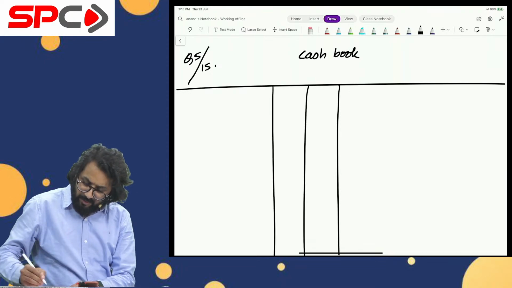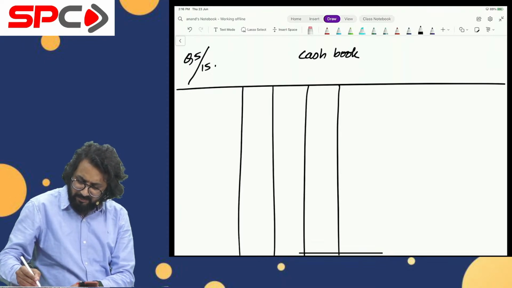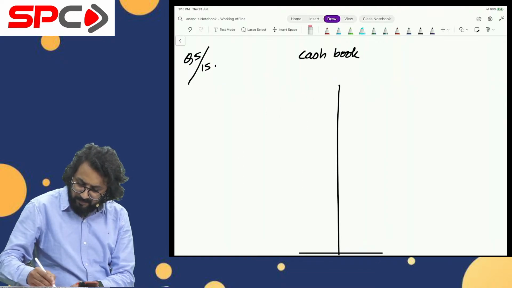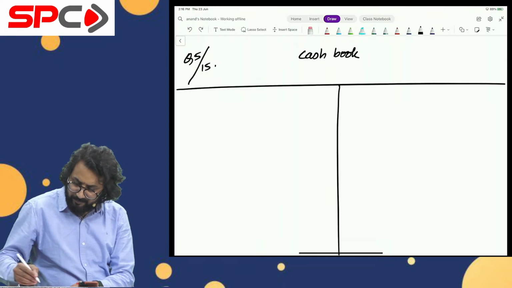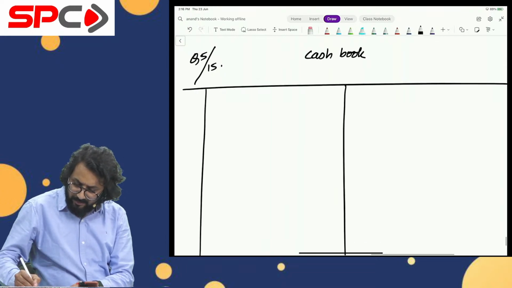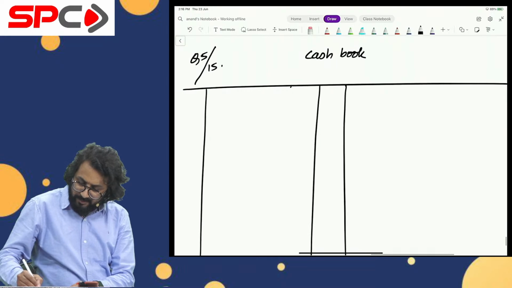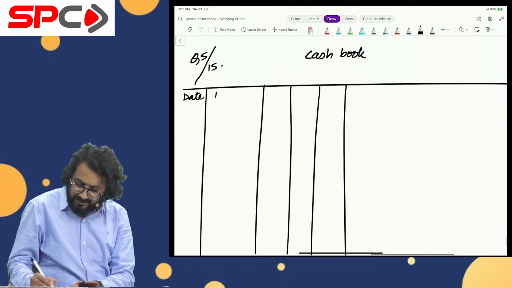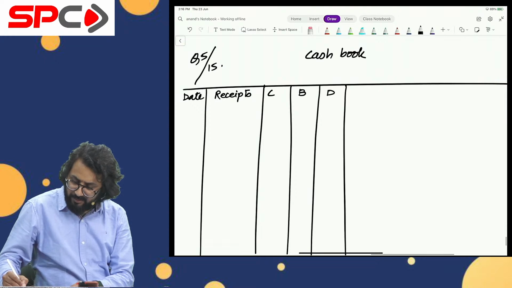Cash, bank, discount. Date, receipts, cash, bank, discount.